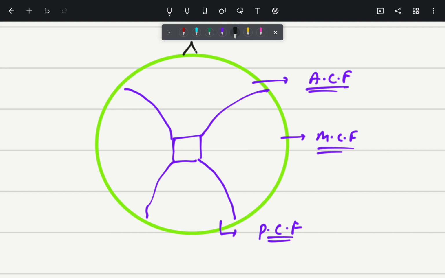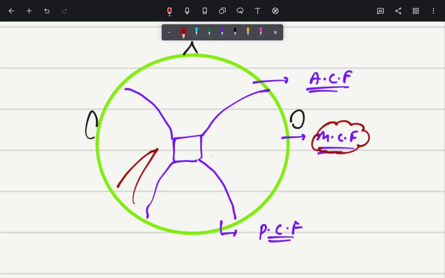And here is the nose of the patient, and these are the ears. There is a bone present in the middle cranial fossa, and this bone is your temporal bone.